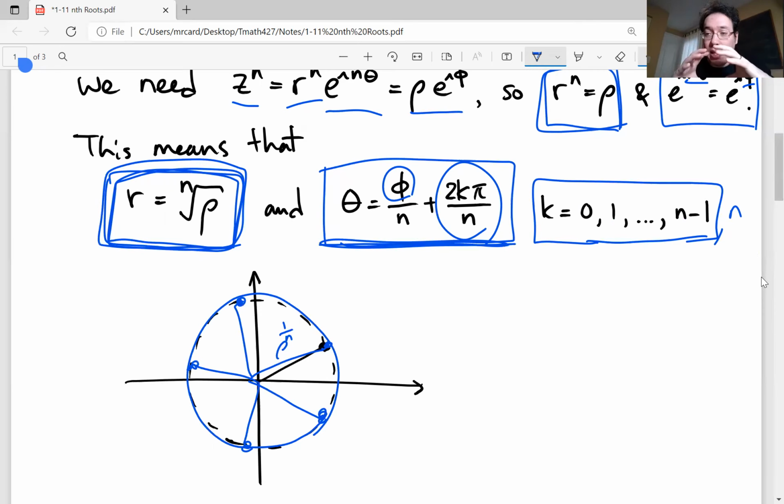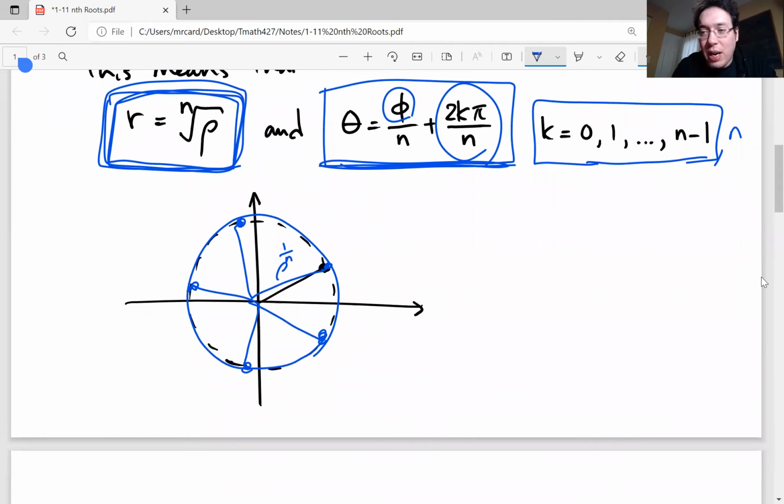So they all sit on the same circle, equally spread apart. In degrees, 360 divided by 5, so I think that's 72 degrees apart.